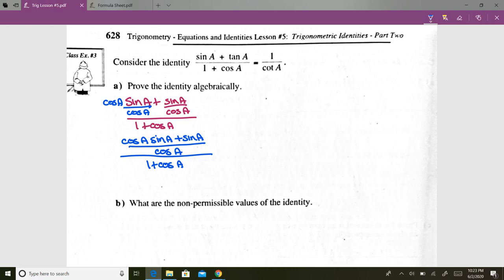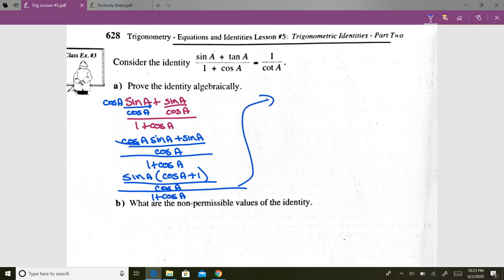Okay, so, well, this bit at the very top, I can factor out a sine. So I'm going to pull sine of A out. And I'm left with cos of A plus 1 over cos of A. And that is all over 1 plus cos of A. Let's go up here.